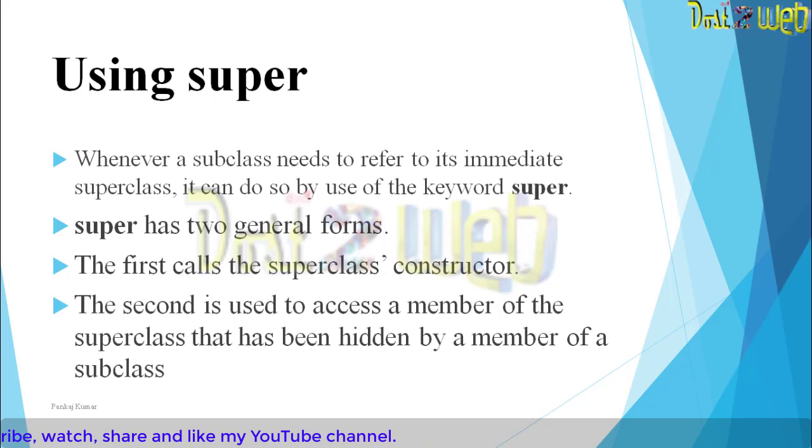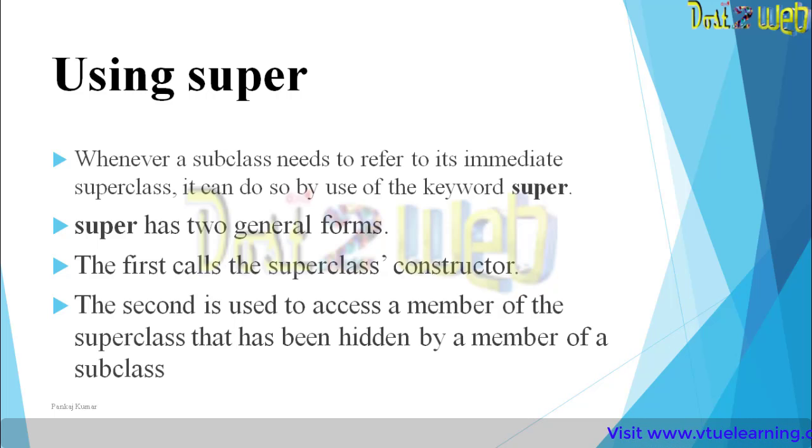You remember that the benefit of the object oriented concept is data hiding. Here the data is hidden in the subclass, and now you want to access it in the superclass, so you use super. This is the actual use of the super keyword.